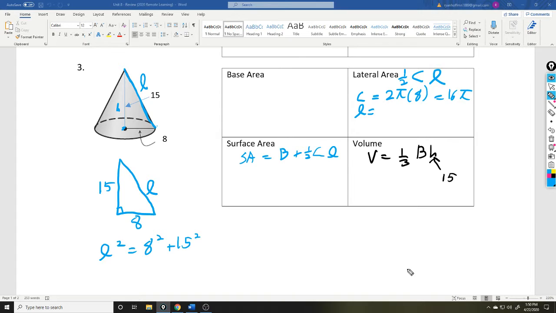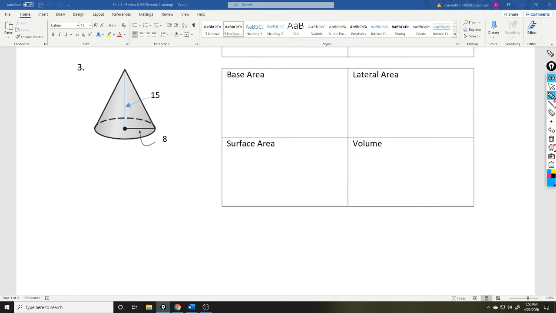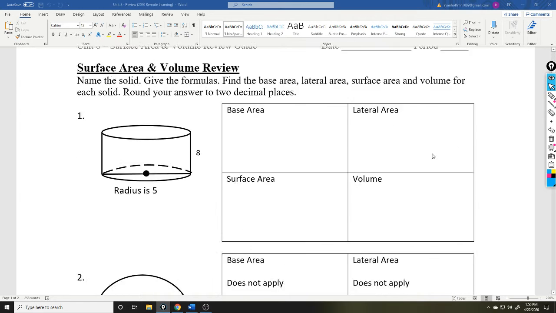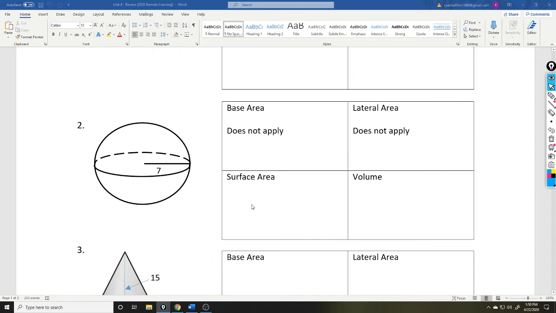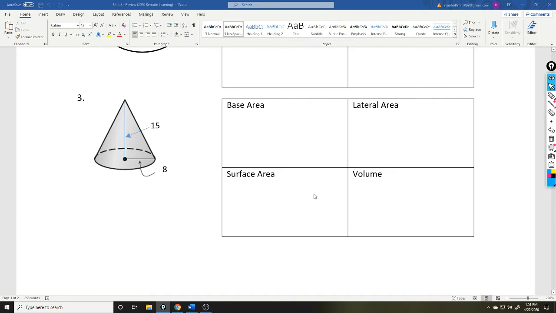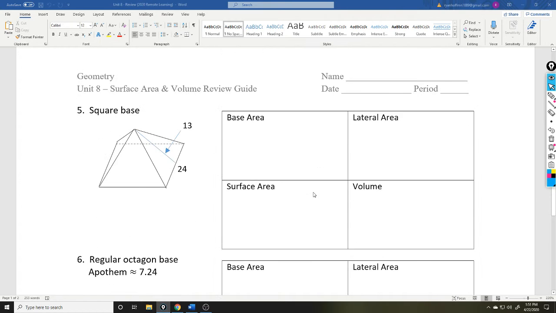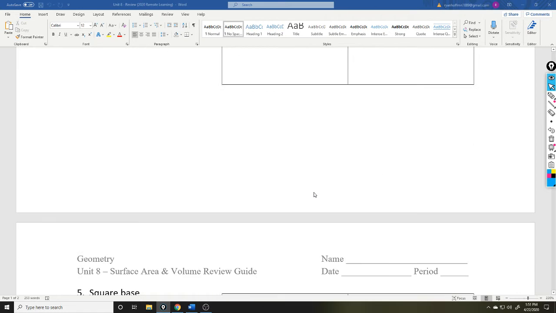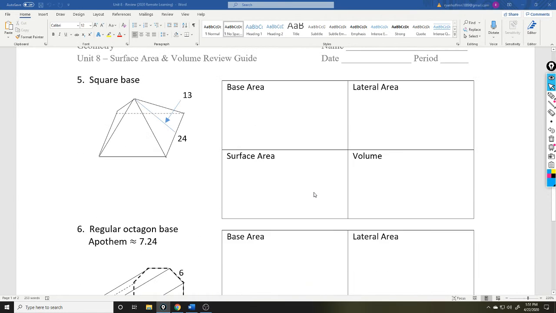All right. Moving on. So 1 we did. 2, you just need to look up your formulas. They're not that hard. 3, we looked at a little bit. 4 doesn't exist, apparently. All right.